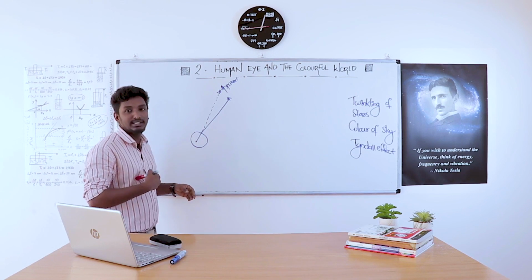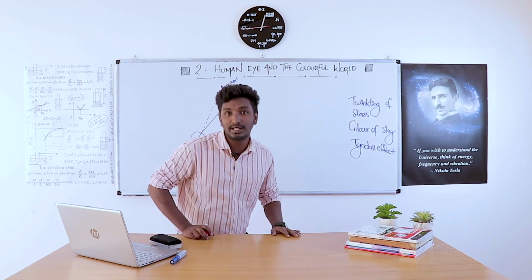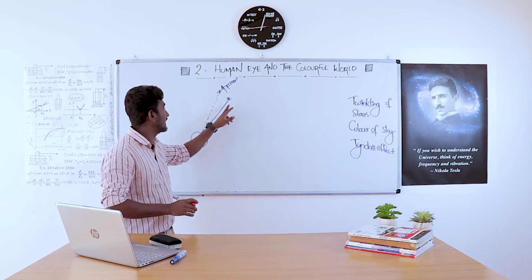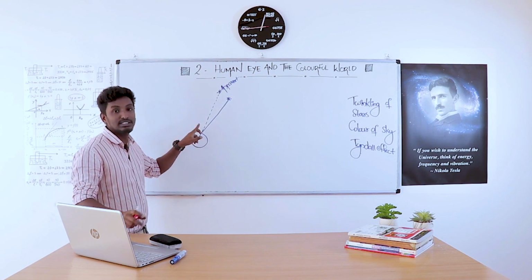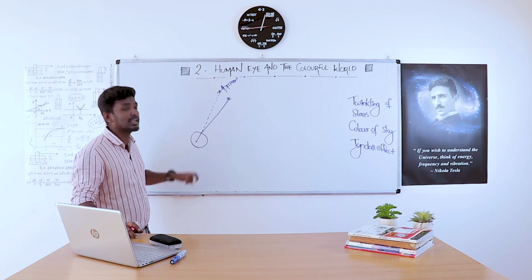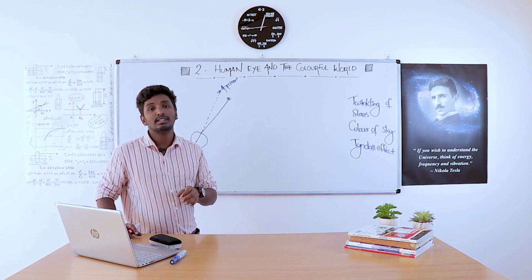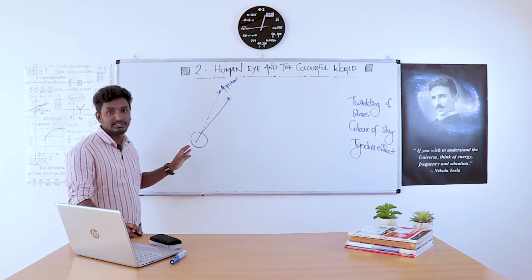So how can we explain the phenomenon of twinkling of stars? Stars are at a large distance from Earth. They are giving out light. This light travels a large distance and reaches Earth. When traveling through Earth's atmosphere, it causes atmospheric refraction and the light reaches the observer's eye.